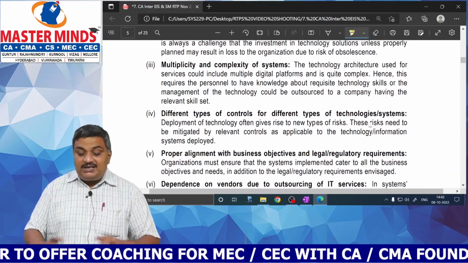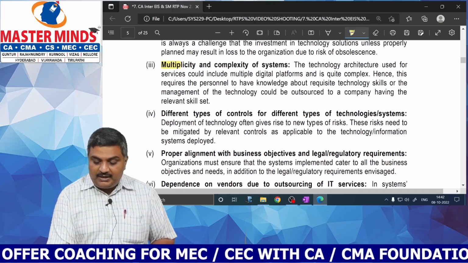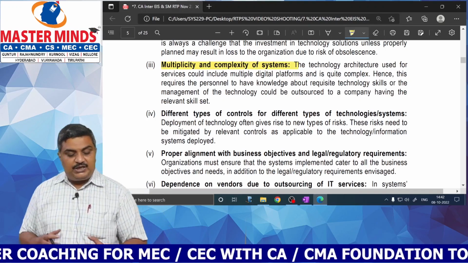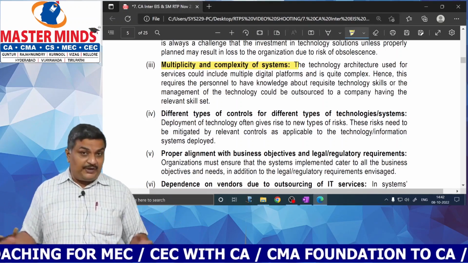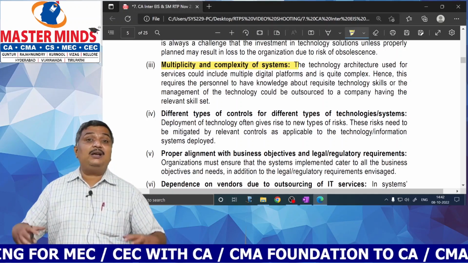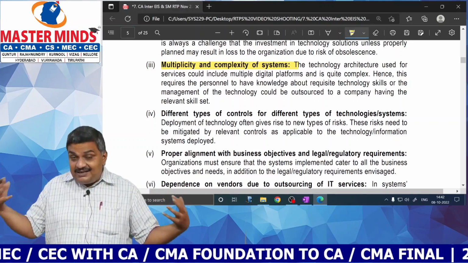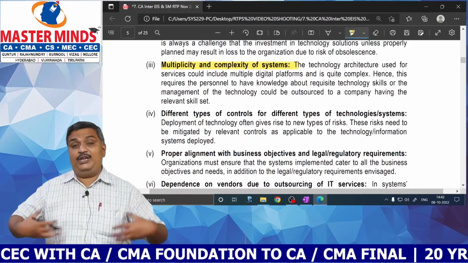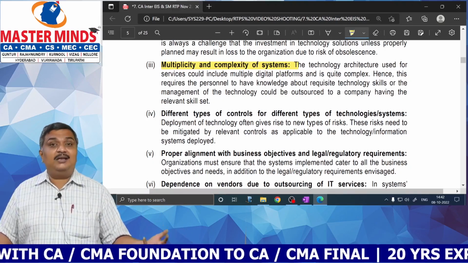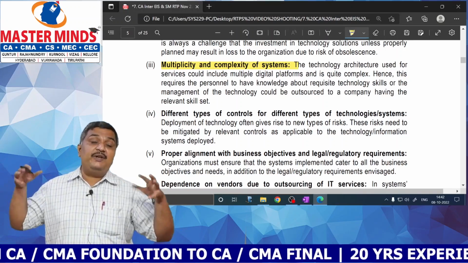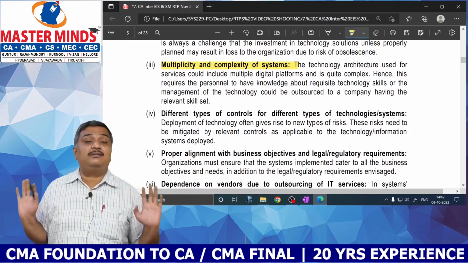And the next one, multiplicity and complexity of systems. See, in organizations, we use different types of technologies and we require people having different skill sets. We need to recruit them, we need to pay them more, and each and every technology will have its own risks and controls.